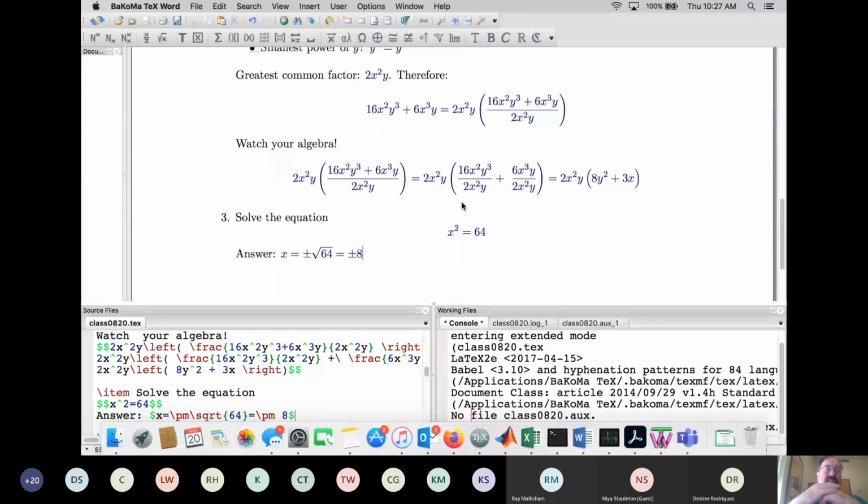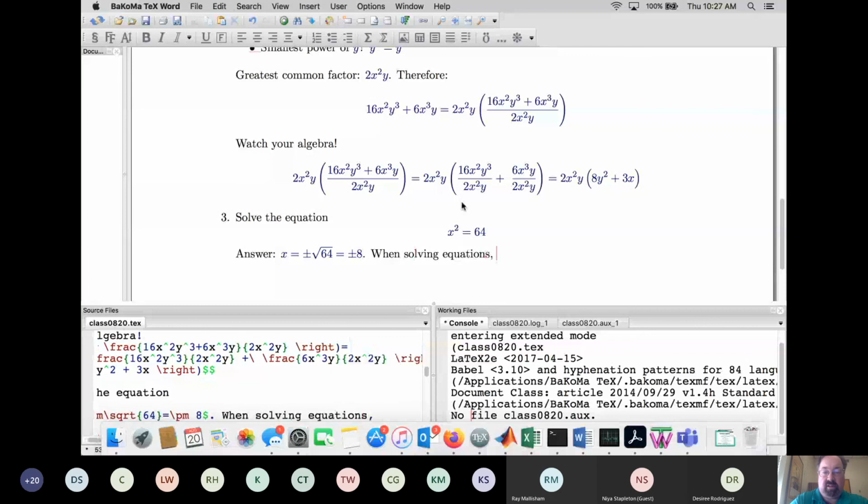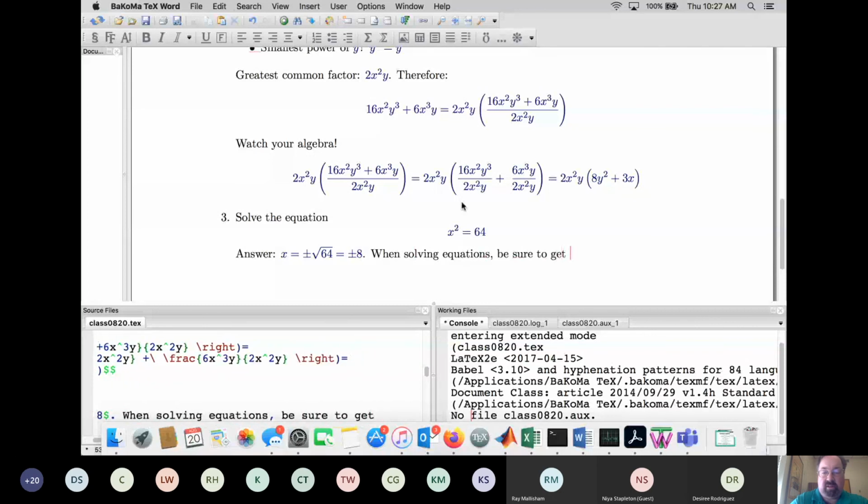So be sure to not leave that out. A quadratic equation can have at most 2 solutions that might coincide, but again, at most 2. And if it's a cubic equation, at most 3, and so on.